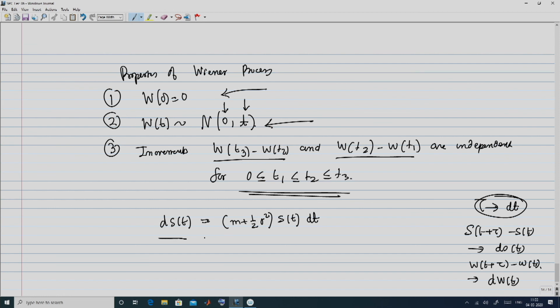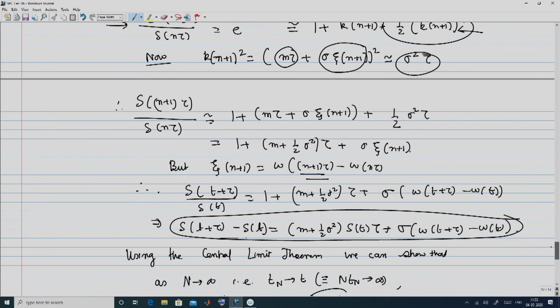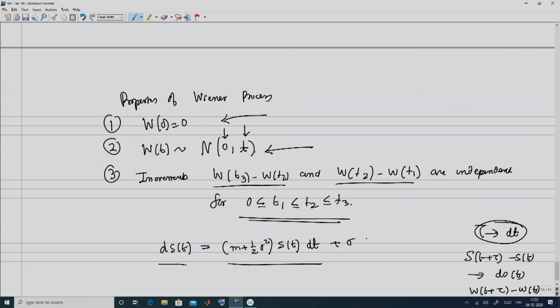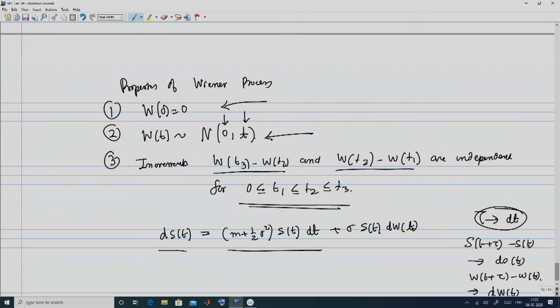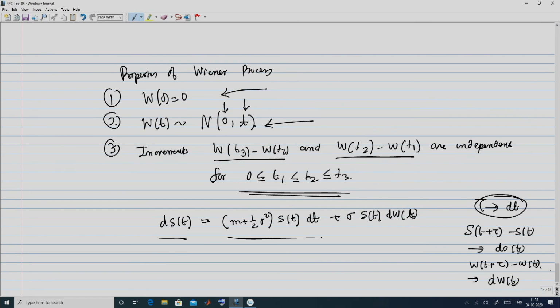So, this becomes m plus half sigma square S(t) dt plus sigma S(t) dW(t). And this S(t) which shows up on both sides is because you had an S(t) in the denominator. So, we had S(t plus tau) minus S(t) over S(t), and that has come to the top part.